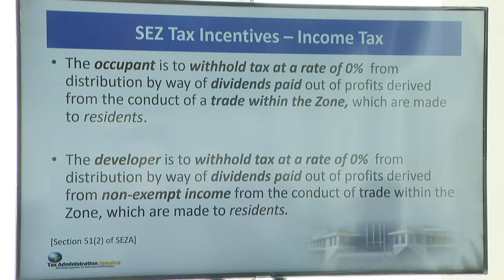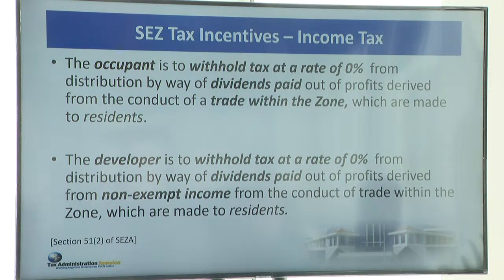In terms of the developer, again, you're supposed to withhold tax at a rate of 0% from your non-exempt income from trade within the zone, from the conduct of trade where it is made to a resident.